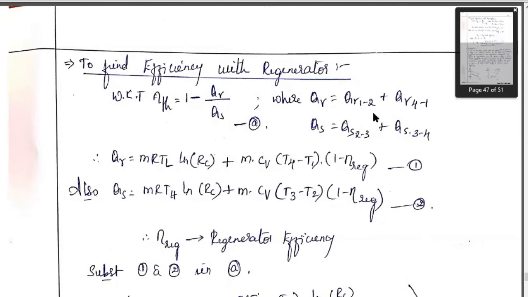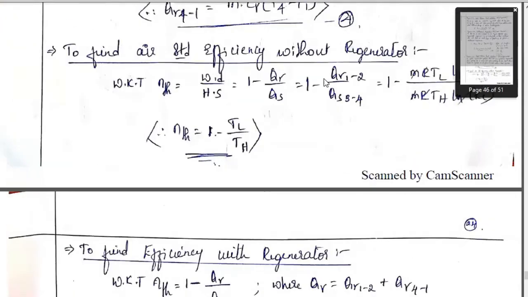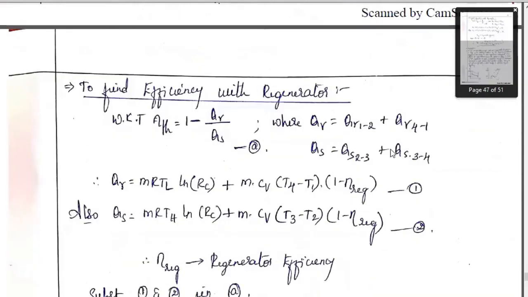What happens when I consider both? As I neglected 2 to 3 and 4 to 1, if I consider 2 to 3 and 4 to 1, what happens to the QR and QS? See, QR will become MRTL ln of C plus MCV(T4 minus T1)(1 minus regenerator efficiency). Why do we have to subtract the regenerator efficiency?